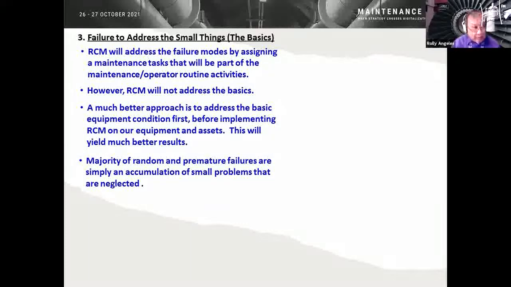For example, what good is the top-of-the-line 2021 model vibration monitoring, which can measure several frequencies, if your equipment lacks a couple of bolts?